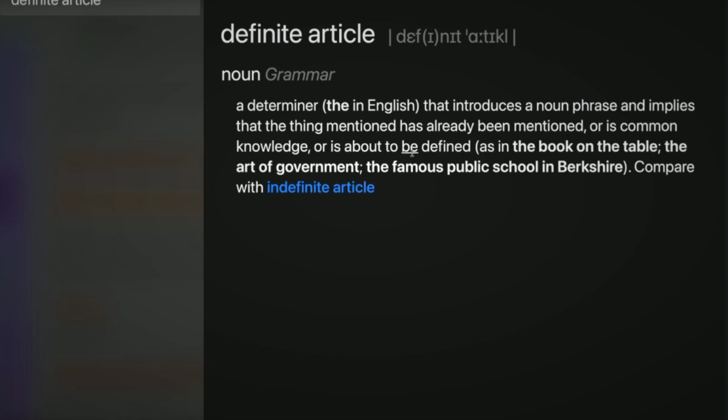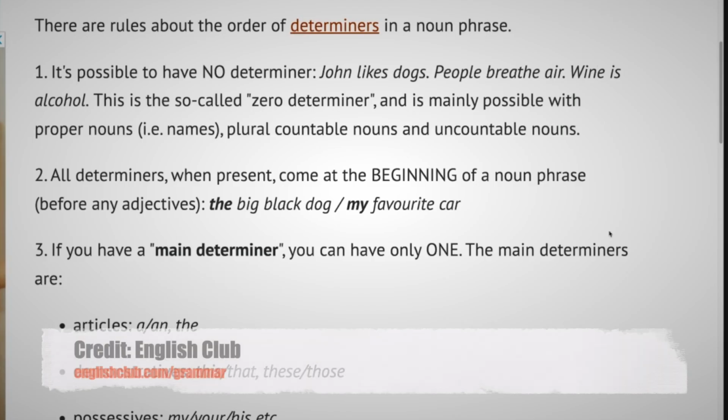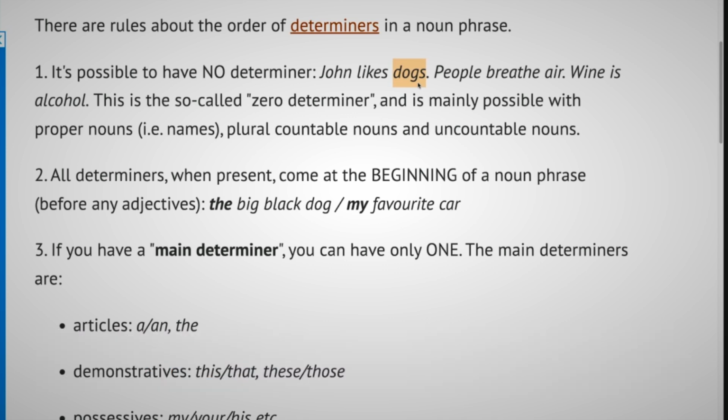But we want to talk about determiners for a moment. Plural words require no article or no determiner. Dogs, right? We could say John has dogs, or John has a dog, or John has two dogs. It's just one of the rules of English.